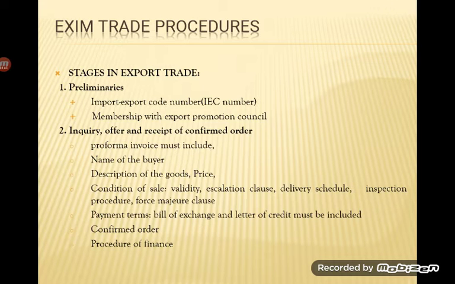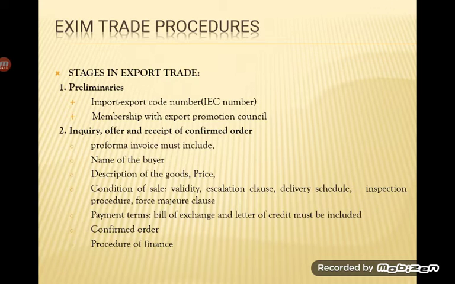Okay, then after that, the second stage is inquiry, offer, receipt of confirmed order. Inquiry is searching for prospective exporters of various products from India, made by the importer. So inquiry has to be sent by the prospective importer regarding his wish to import certain goods.